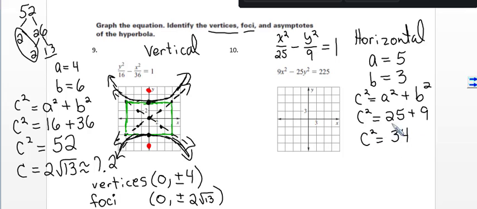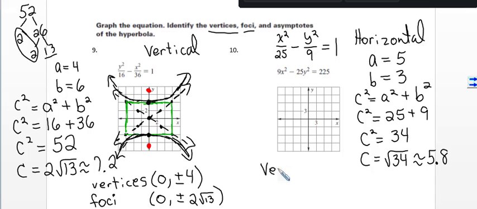Now when you take the square root of 34, 34 will only break down to 2 times 17. So it stays under the radical. So our c is the square root of 34, which is approximately 5.8 for graphing purposes.